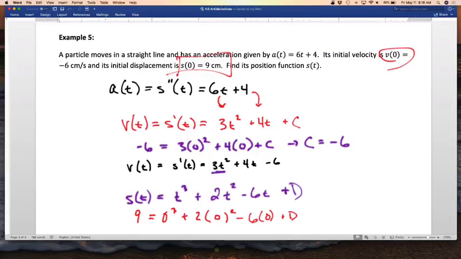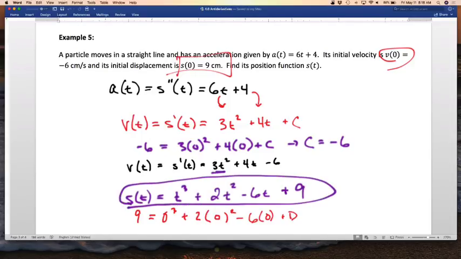Okay? So that gives us our final equation. If we go back and replace that d with 9, we have our position equation. Any questions on that problem?